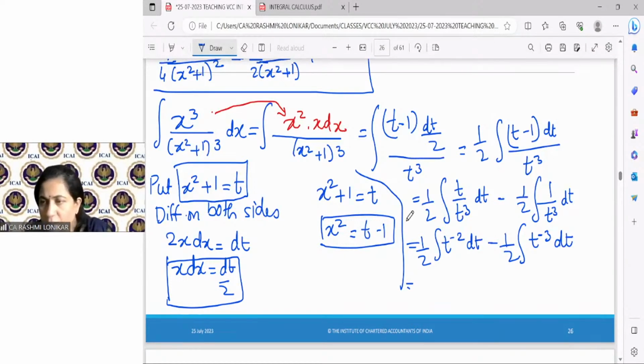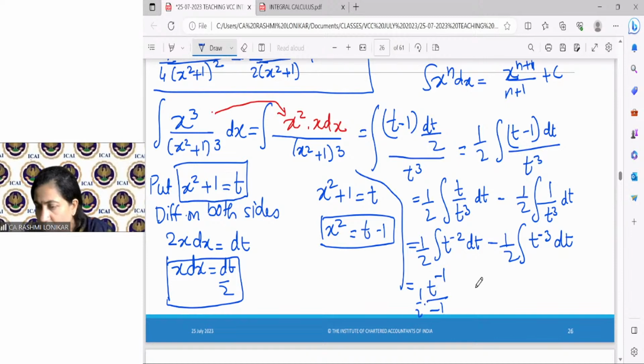Now what is the general formula? Integration of x raised to n dx will be x raised to n plus 1 upon n plus 1, plus c. Now t raised to minus 2 will be t raised to minus 1 upon minus 1, 1 half into, not plus, minus.